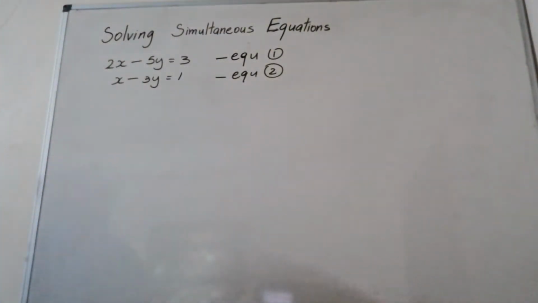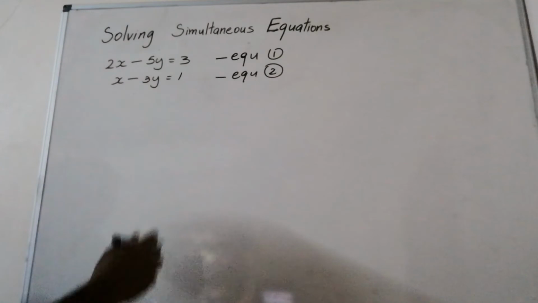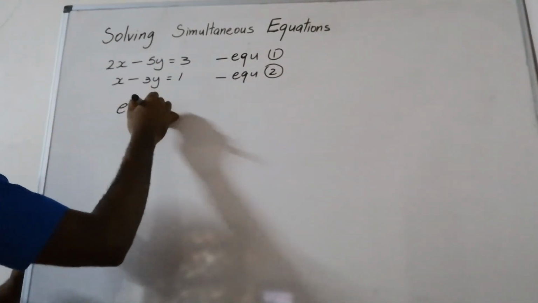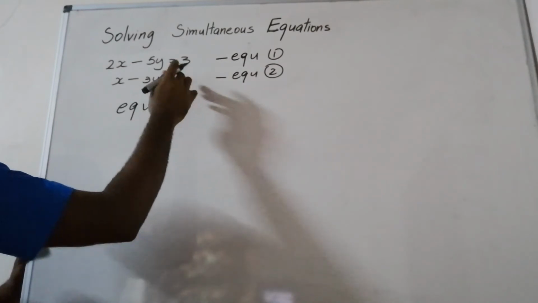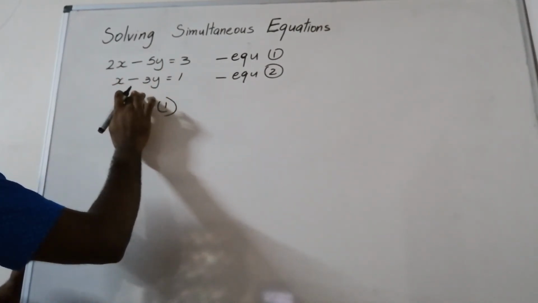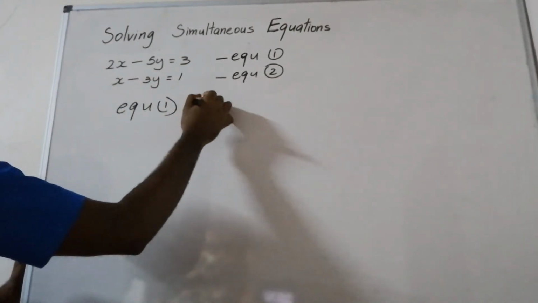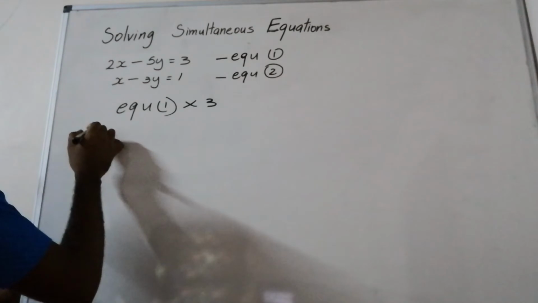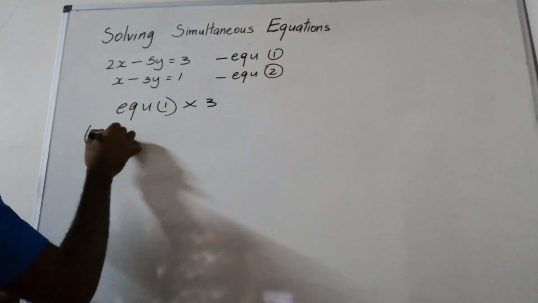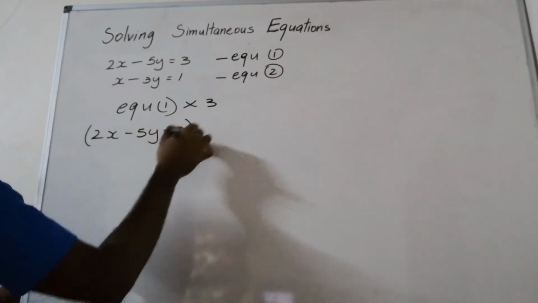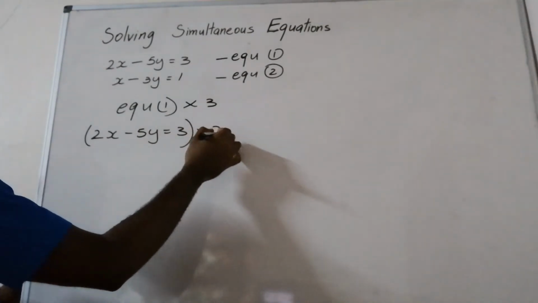And to do that, we will multiply equation 1 by the y coefficient of equation 2, which will be times 3. So 3 times our first, 2x minus 5y is equal to 3 multiplied by 2, multiplied by 3.